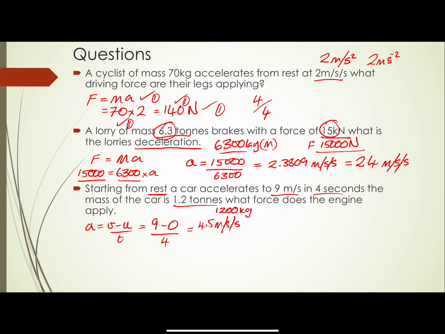Now I've got the mass and the acceleration in the correct units, I can use the F equals ma equation. F equals ma, I'll write that down, and I'll get 1,200 times 4.5, which equals 5,400 newtons. And that's my answer.